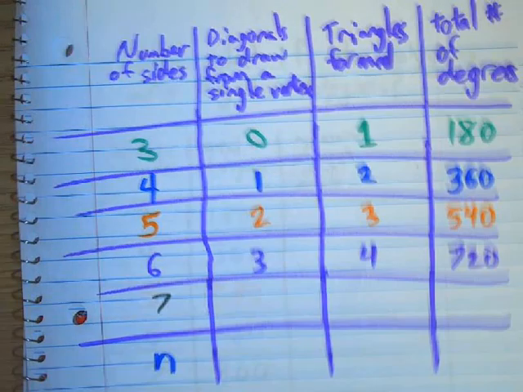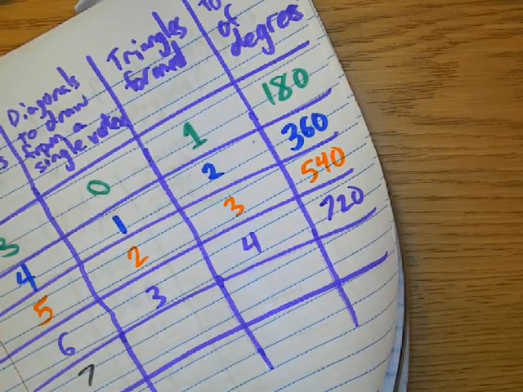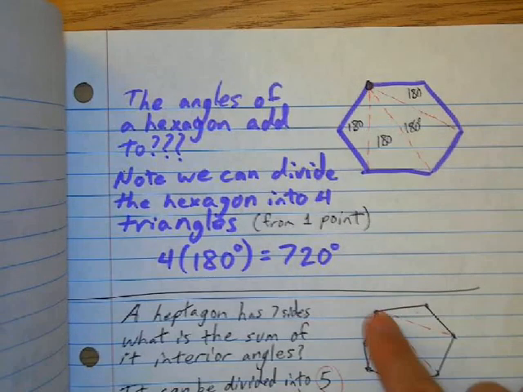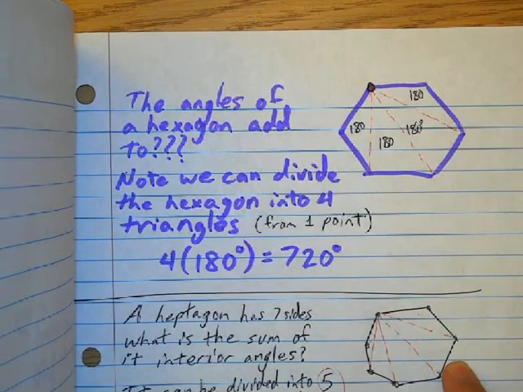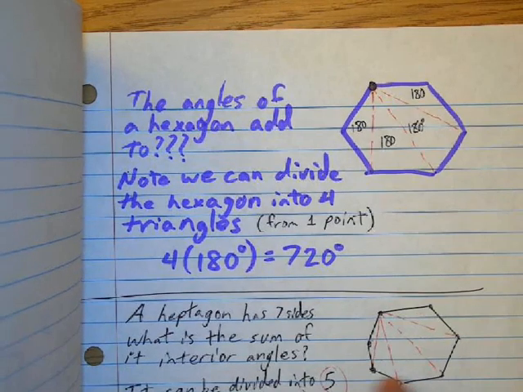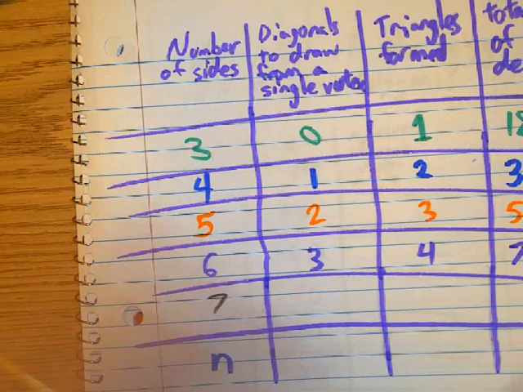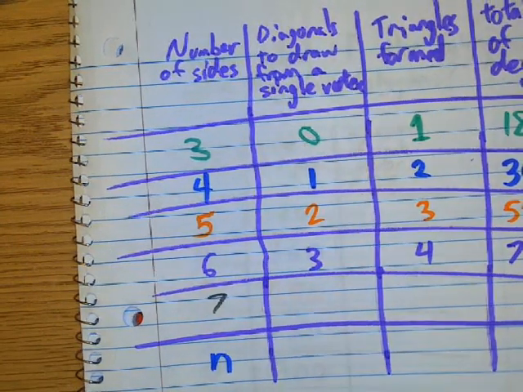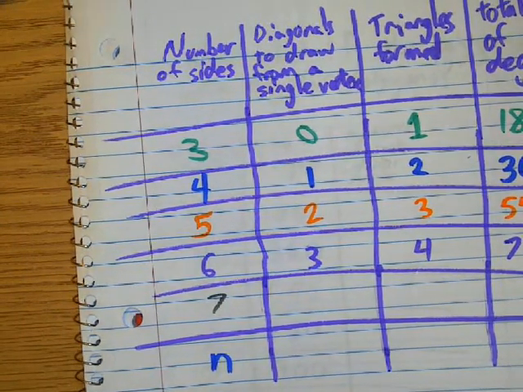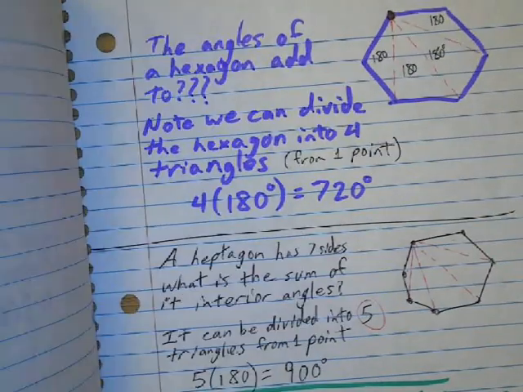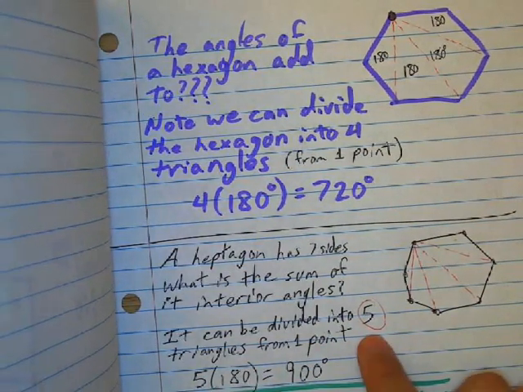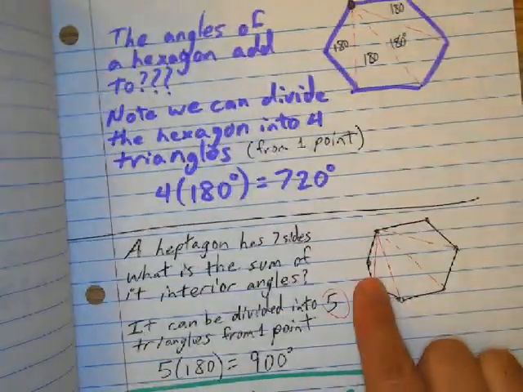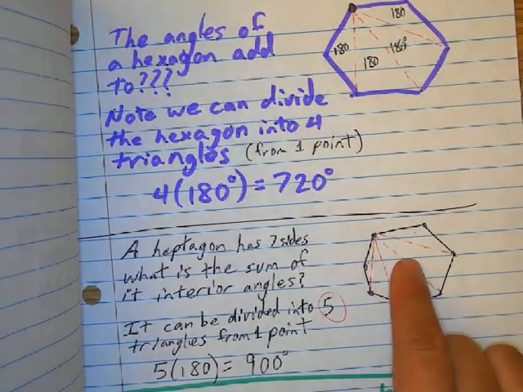And then the 7-sided shape, my mistake, 1, 2, 3, 4, had 4 diagonals.